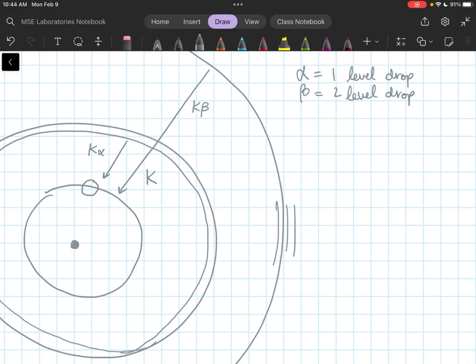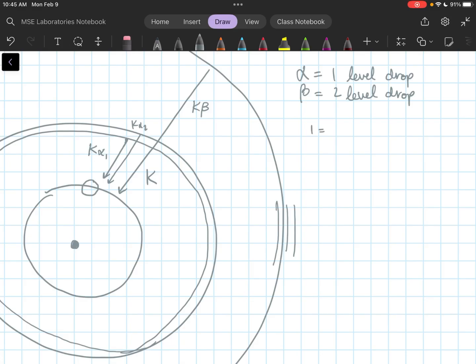And we could even zoom in. This one is a K alpha 1 because it comes from the lower K alpha, and this one would be a K alpha 2. That's very tiny, so we're just going to write really tiny.